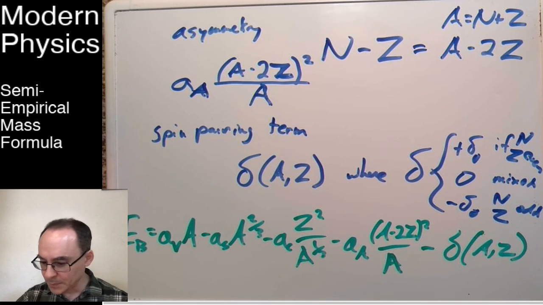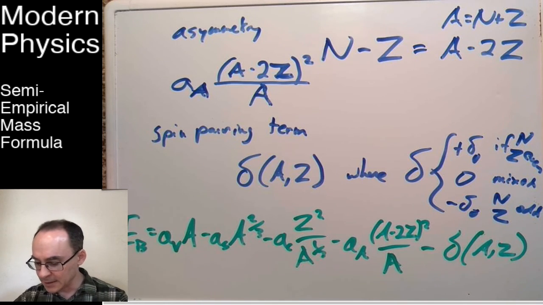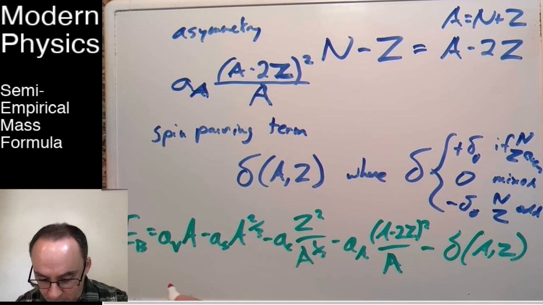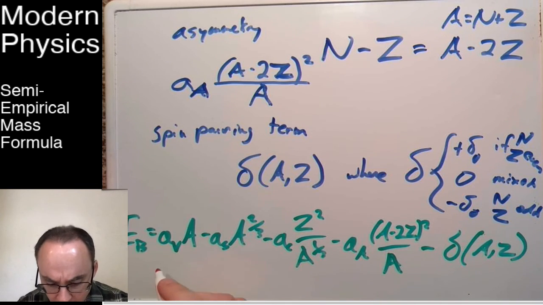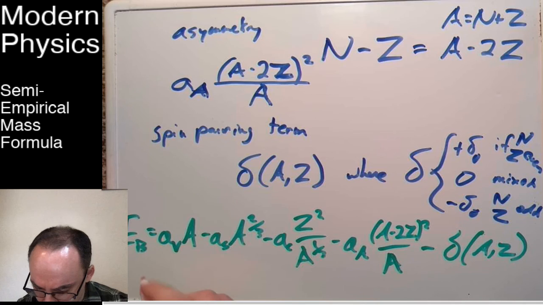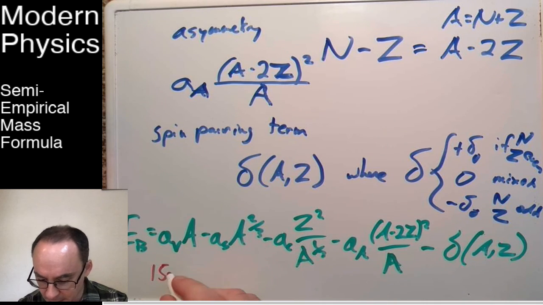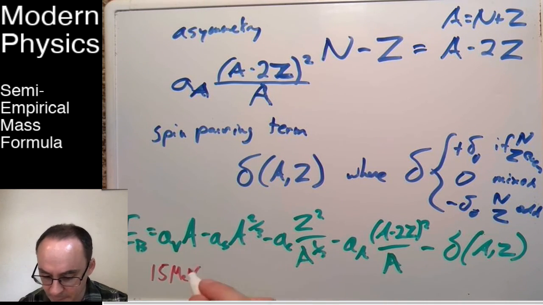But you get values for these things of around, and you can find these in your book somewhere as well. I'm just going to round off here. Actually, you should probably look up if you want to use more precise numbers. For this volume coefficient, a sub v, is usually around 15 MeV. I'm going to write them out in MeV.